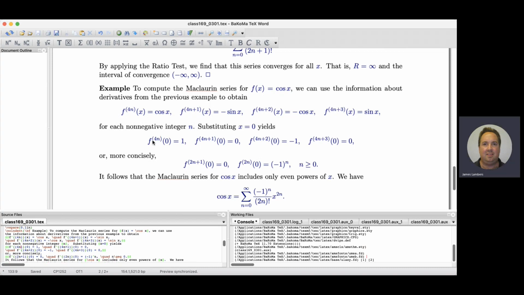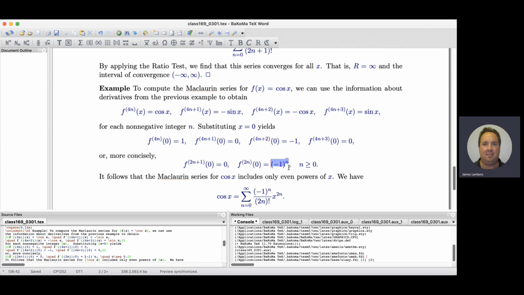In other words, it's 2 times an even number. Over here, I have the 4n plus 2 order derivative equal to minus 1. If I factor a 2 out of this, that's 2 times 2n plus 1. In other words, it's an odd multiple of 2.